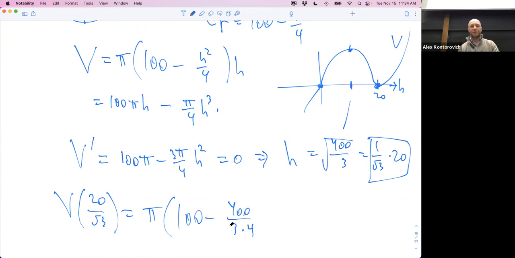So there's a 4 there. This much was h squared. Then all times h, 20 over root 3. Leave it like that, or if you like, 2/3 of 100, whatever. This is the maximum volume.